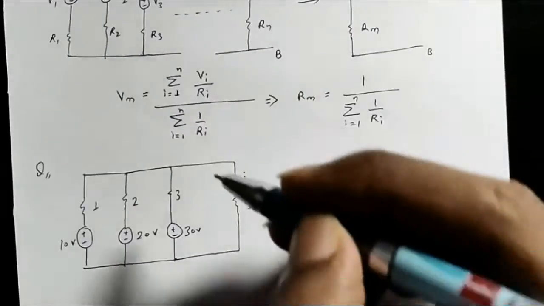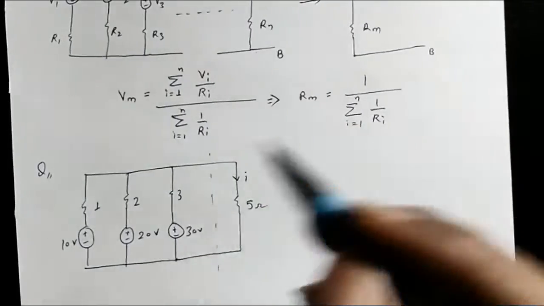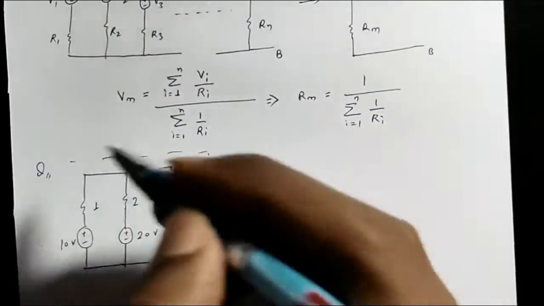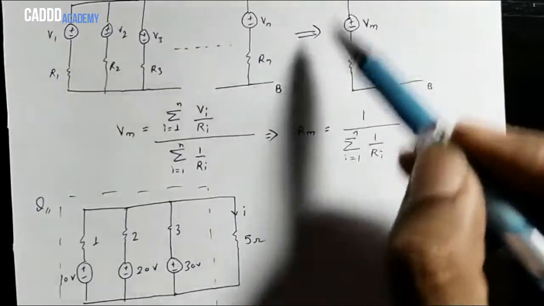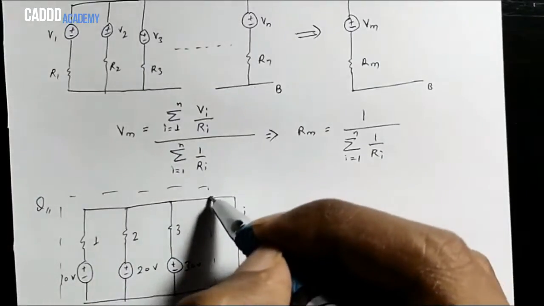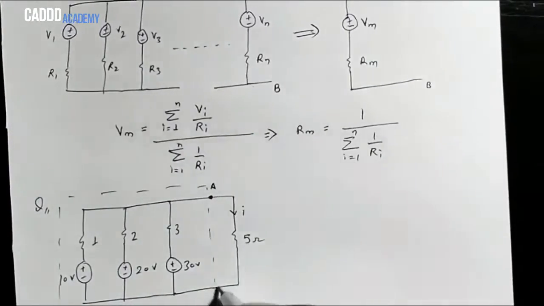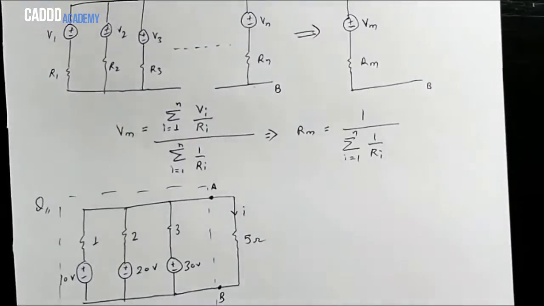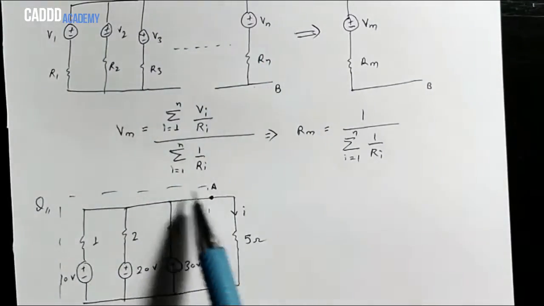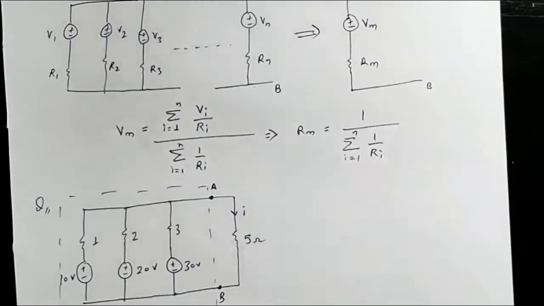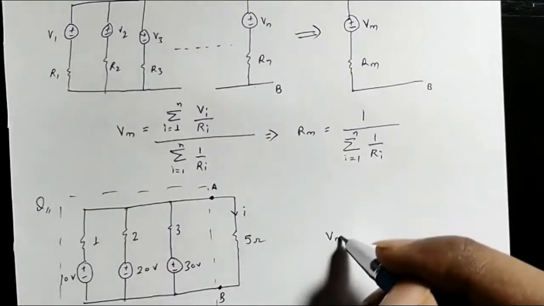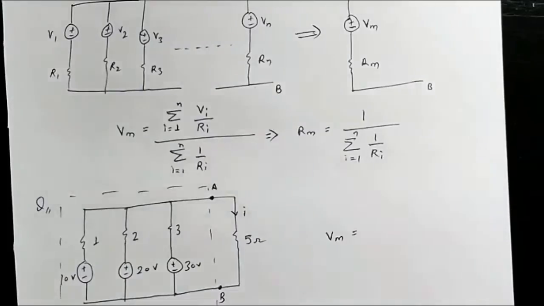Now this section of the circuit can be converted into this circuit. Let's assume that this point is A, this point is B. This type of circuit can be converted into this type of circuit very easily by using Millman's theorem. What we have to do is calculate the Vm value. It is very easy.